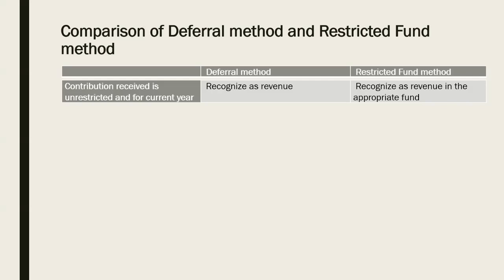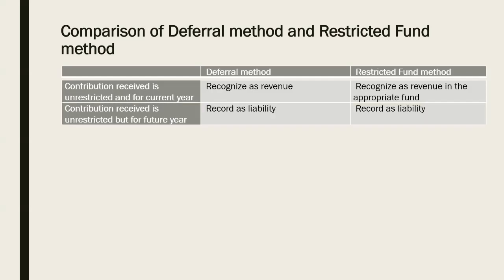Important thing to keep in mind is that as far as the restricted fund method is concerned, we must record it as revenue in the appropriate fund. If the contribution received is unrestricted, but for a future year, under both methods, we will record it initially as a liability. Later on, recognize revenue when the related expenses are incurred. Essentially, you will wait until the following year, the future year, before recognizing it as revenue.